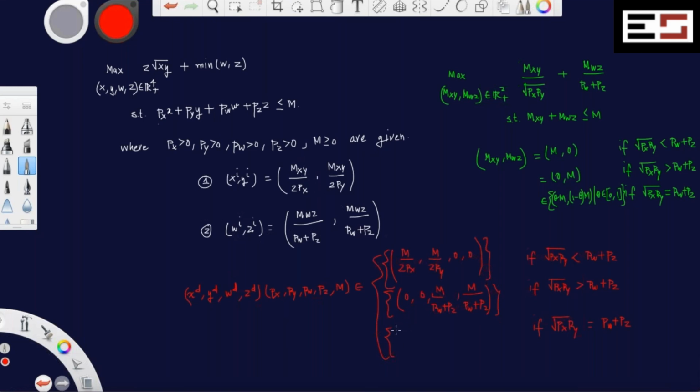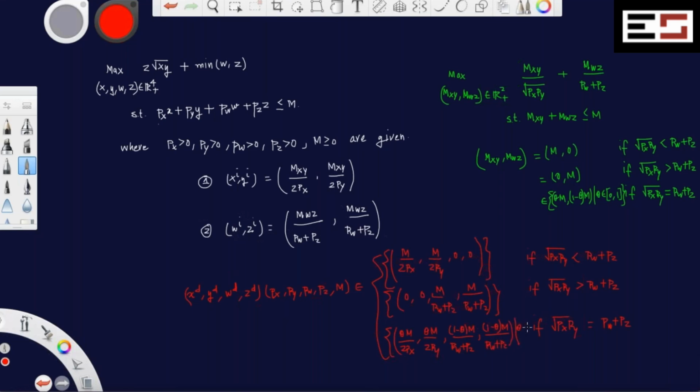Okay, so it's theta m by 2px, comma theta m by 2py, comma (1 minus theta) m by pw plus pz, comma (1 minus theta) m by pw plus pz.